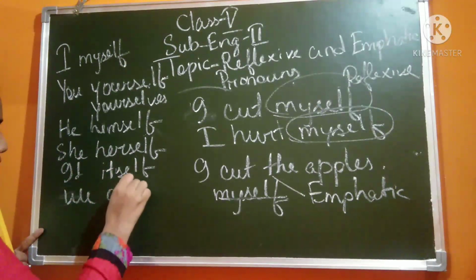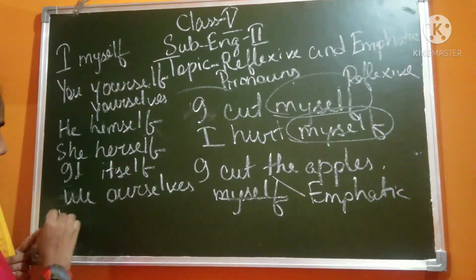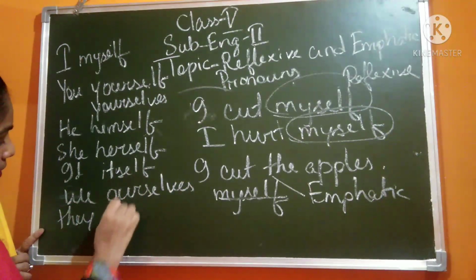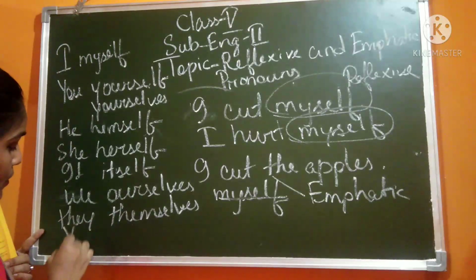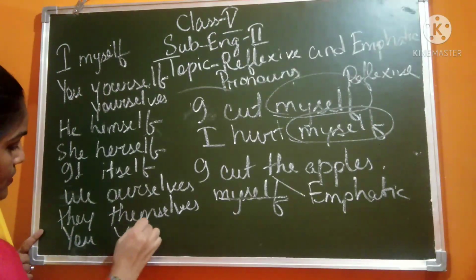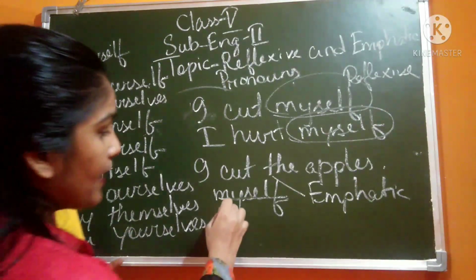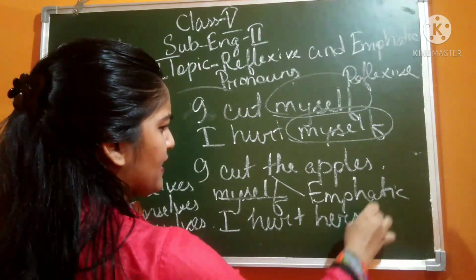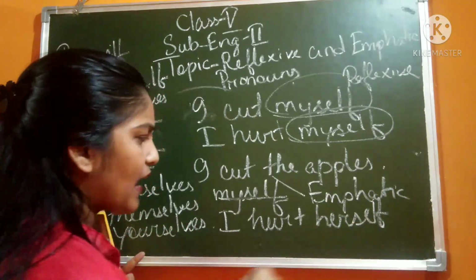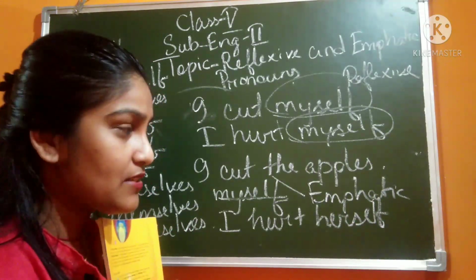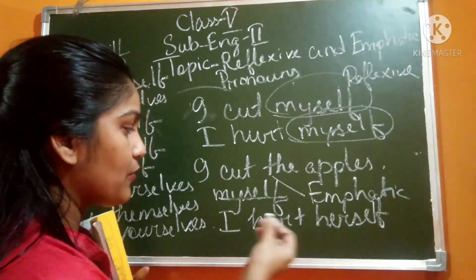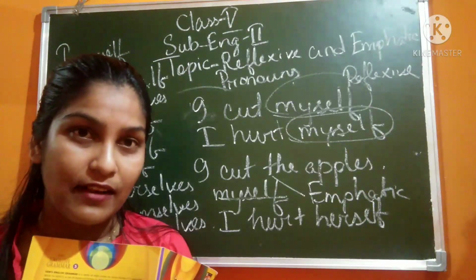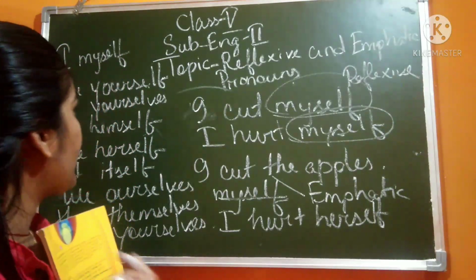We, ourselves. They, themselves. And if it is plural you, yourselves. You cannot write I heard herself. We can write I heard her, that way is different, but you cannot write I heard herself. You have to write I heard myself. Okay, so I think you have understood.